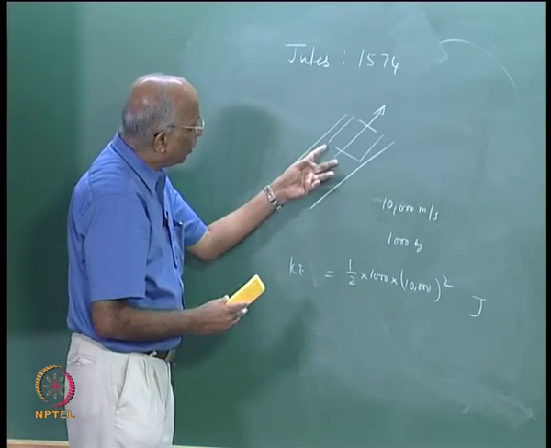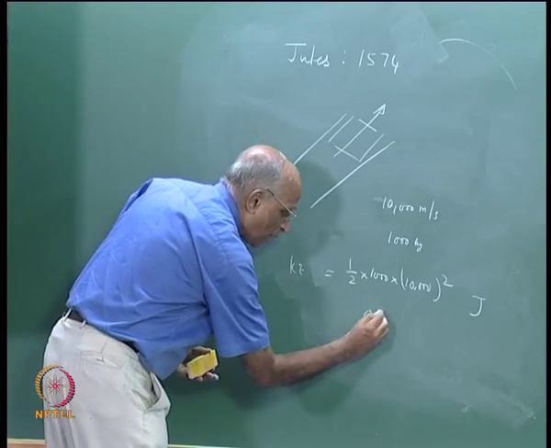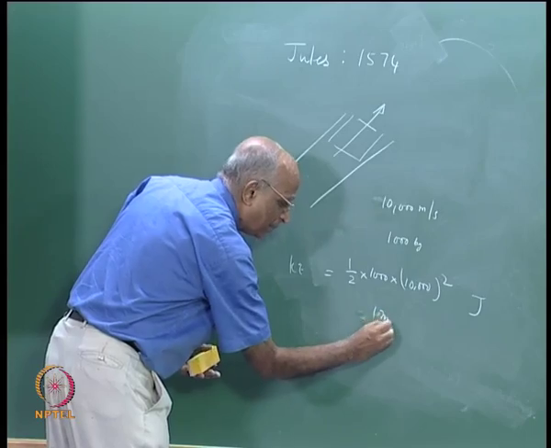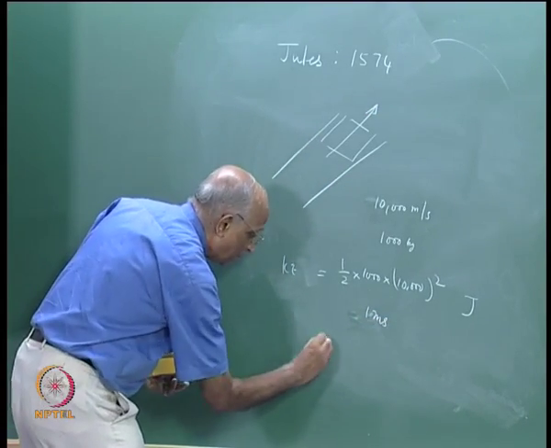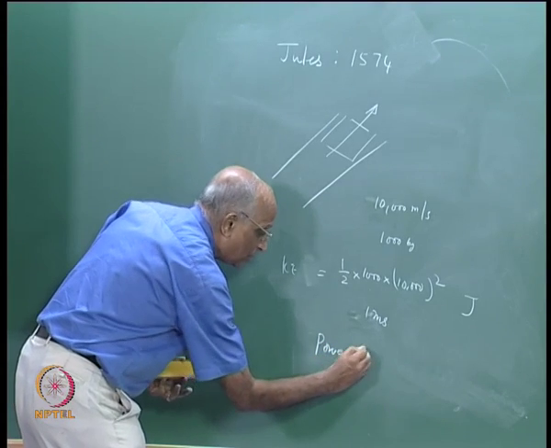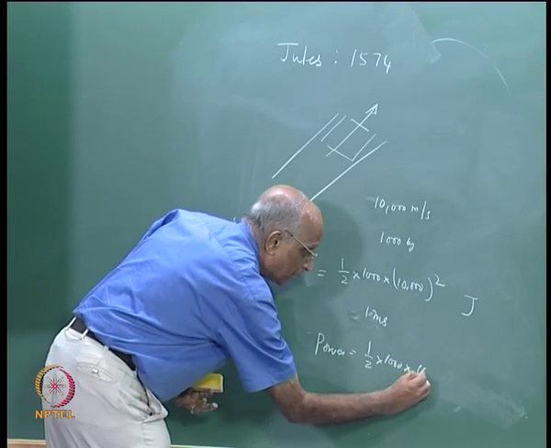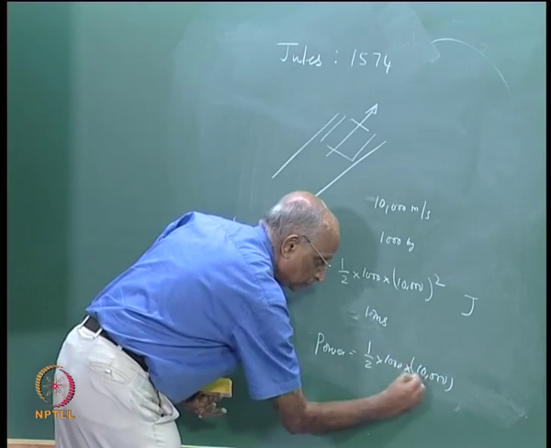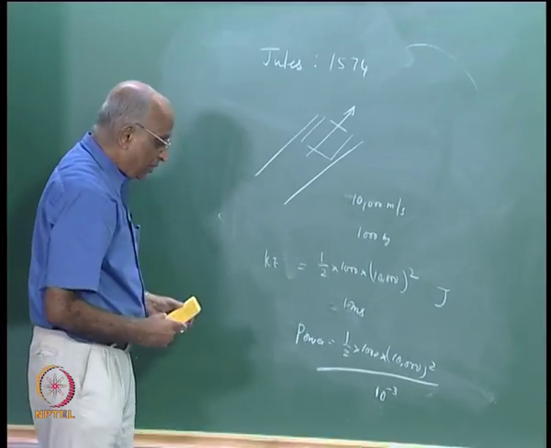Supposing I have to launch it instantaneously, let us say I launch it in something like 1 millisecond, because it has to go fast, therefore the power required is equal to half into 1000 into 10,000 squared divided by 10 to the power minus 3, and what is the number we are talking of?